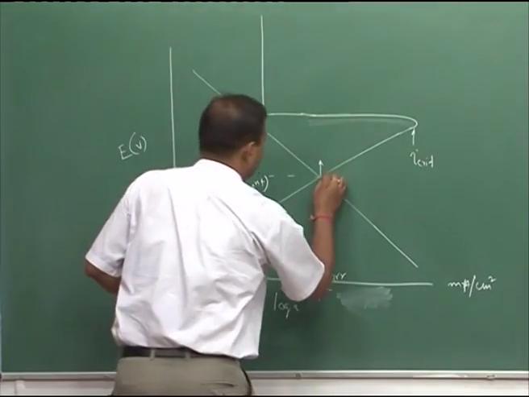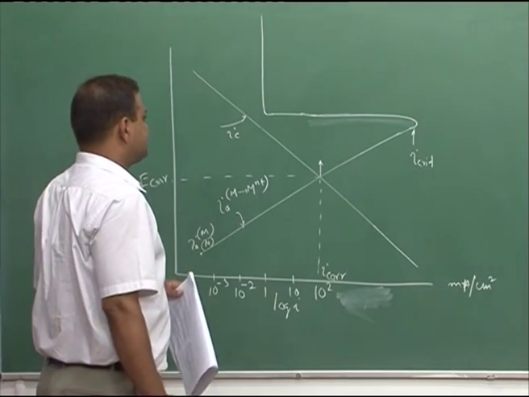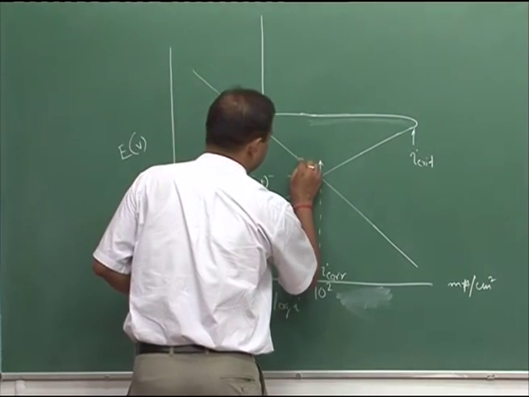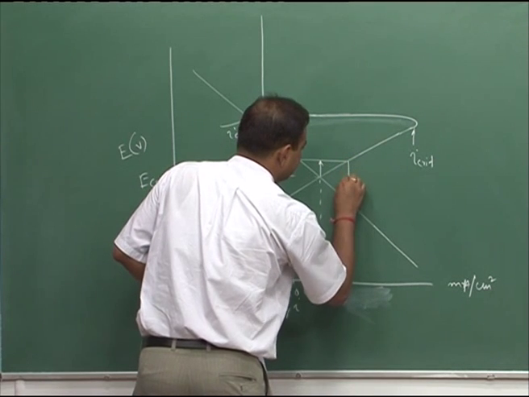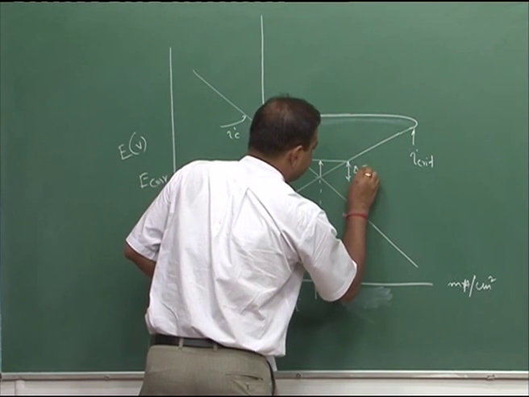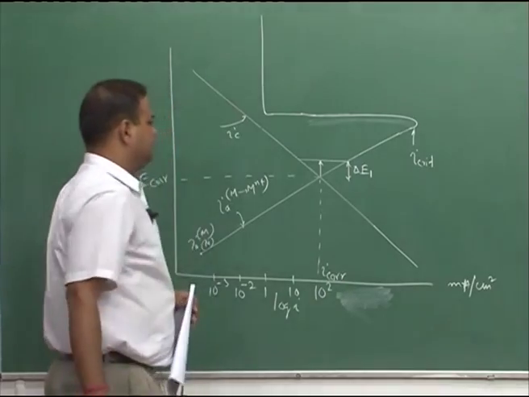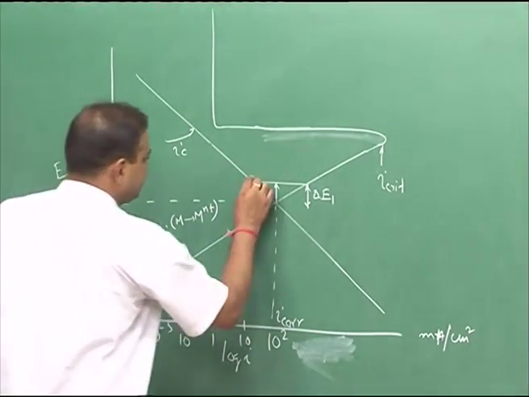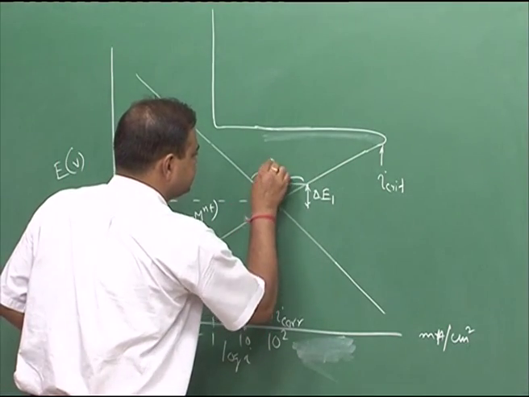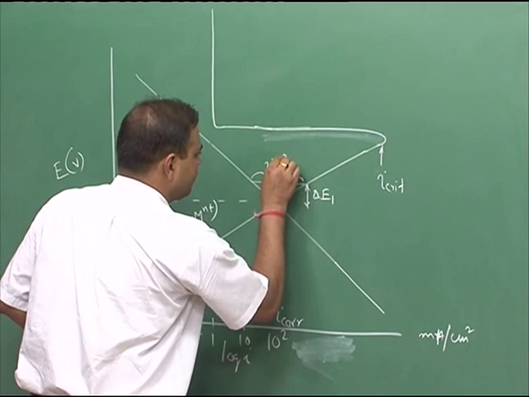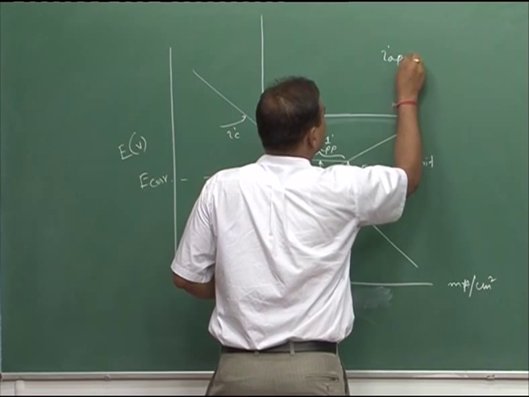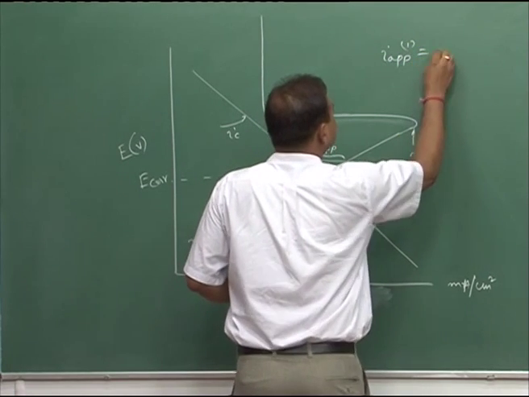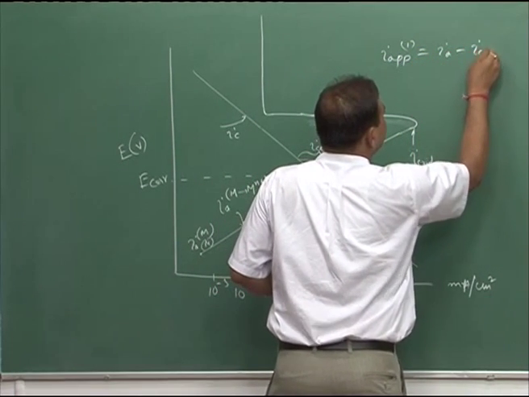Now, initially if I go towards the positive side, let us say I have reached this value, when my polarization is delta E1, and at that time my applied current density, I applied 1, is nothing but IA minus IC.